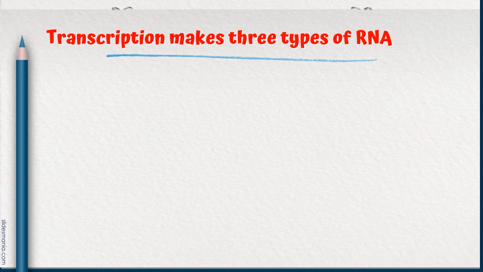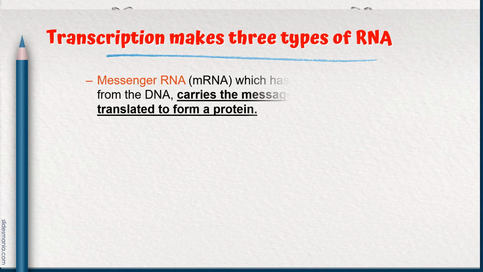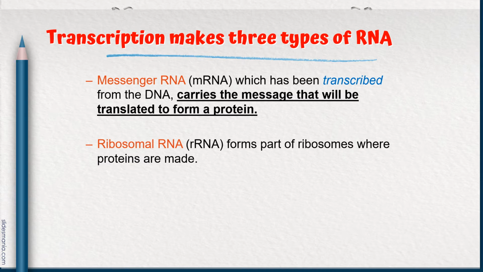Transcription makes three types of RNA. First, we have messenger RNA, or the mRNA, which has been transcribed from the DNA and carries the message that will be translated to form a protein. Second, we have ribosomal RNA, or the rRNA, which forms part of ribosomes where proteins are made.